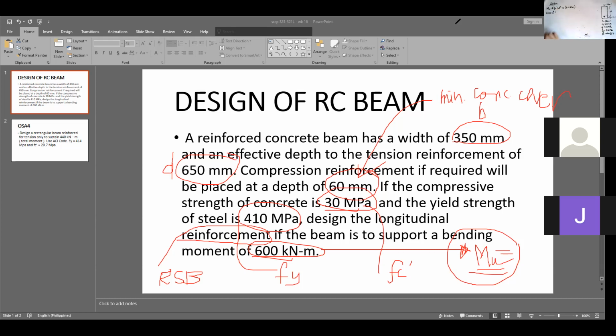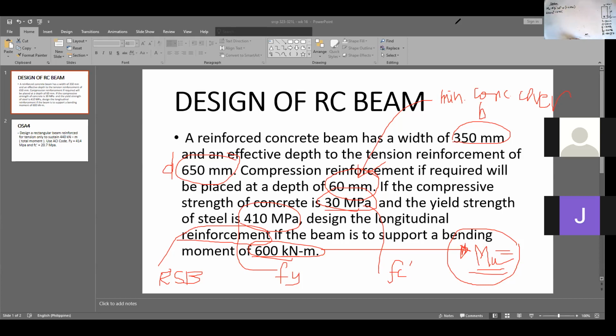So that's times 10 to the 6th. And then you have theta, according to codes and specification, which is 0.9. If there are any changes in the codes and specification, you just make use of the new ones. Anyway, you have your NSCP already.